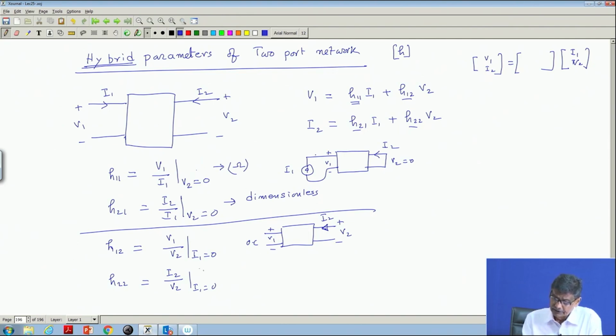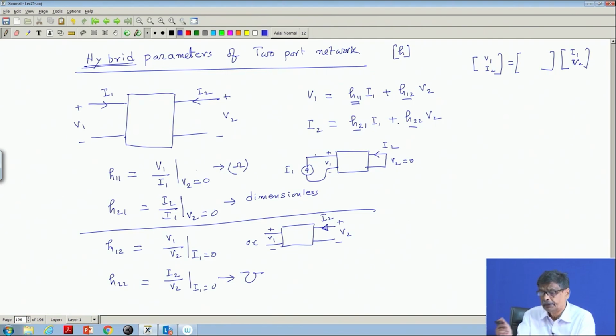This is not a dimensionless quantity, it is mho, conductance, 1 over ohm. Therefore, you see it is a mixed-up thing; all the parameter values do not have the same dimensions, sometimes current gain, sometimes voltage gain and so on, but nonetheless it can be done.